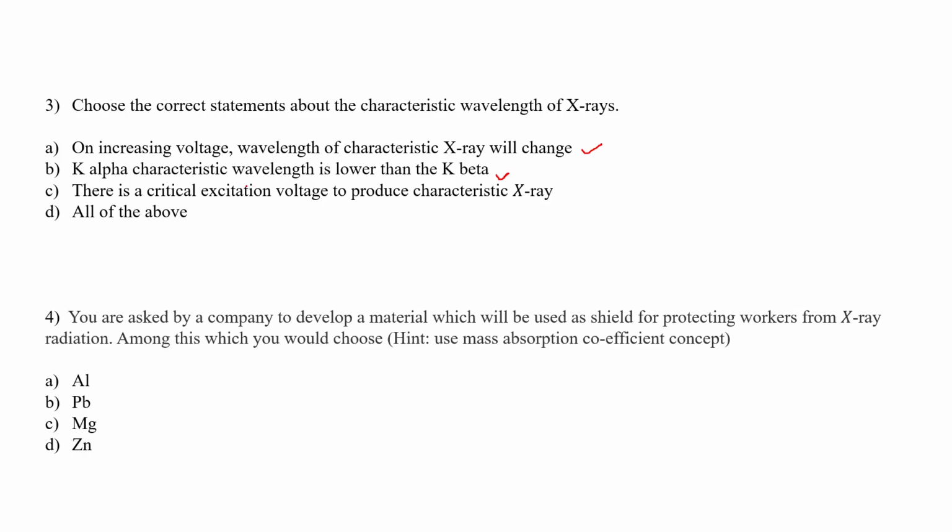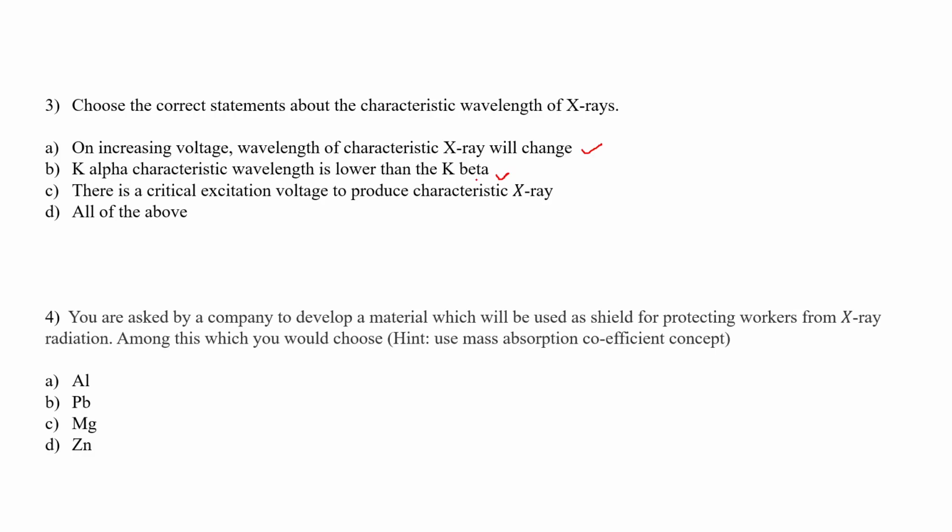and your K beta is generated when your electron is transmitted from your M shell to the K shell. So as a result, your K alpha characteristic wavelength will be lower as compared to your K beta one.